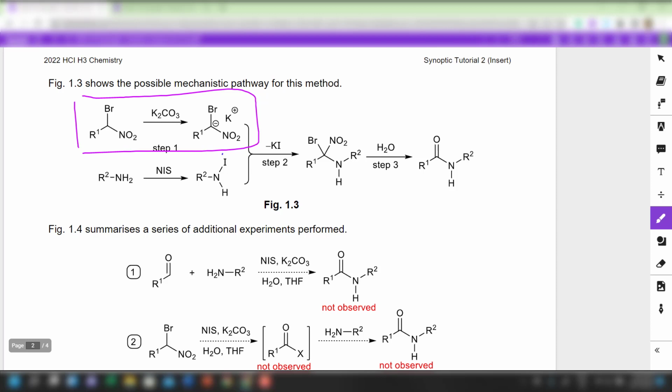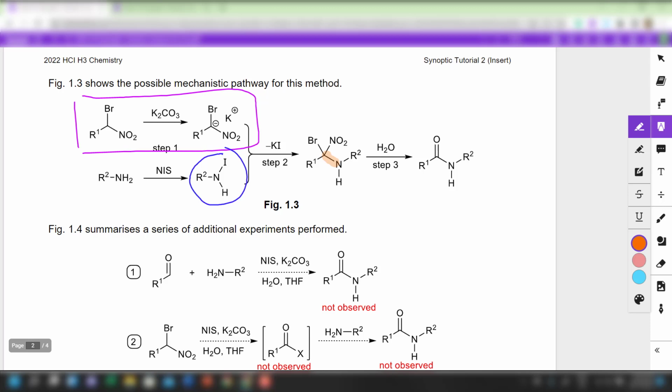you are generating this interesting looking species. Basically, one of the H is replaced by the I. Yeah, and then in the course of the reaction, you notice that you form this particular new bond. I'm just going to highlight in pink. So this is the new bond being formed between the carbon, where initially it takes on the negative charge, as well as the nitrogen, where it's bonded to the iodine and the R2.